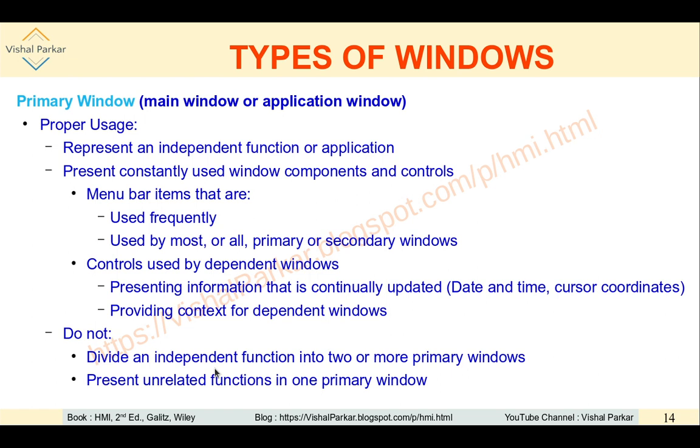It is to be taken into one single primary window. The next part is that we should not present unrelated functions in one primary window. If the operations are inherently two or more different, separate operations, they are not to be clubbed into one single primary window.